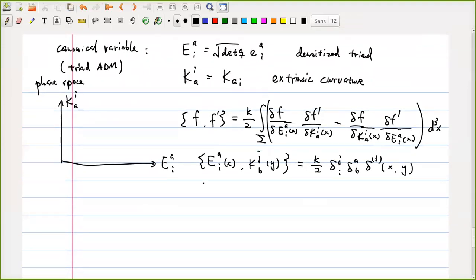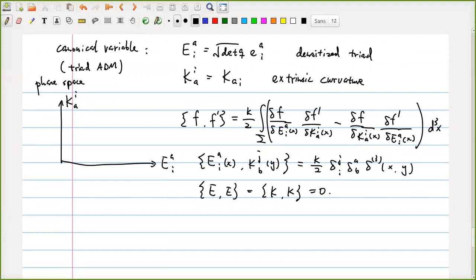And the other Poisson brackets, {E, E} equals {K, K} equals 0.